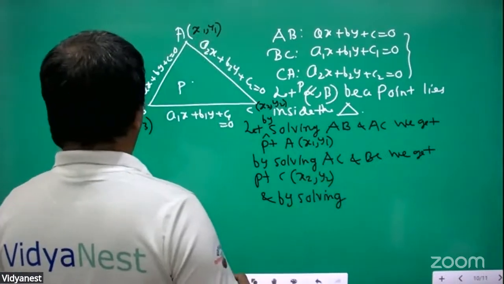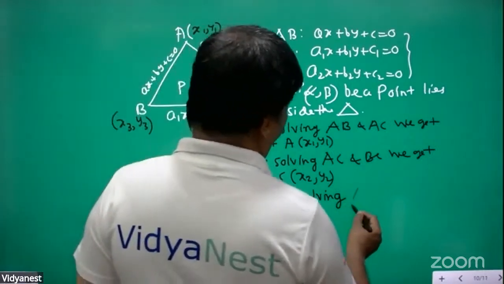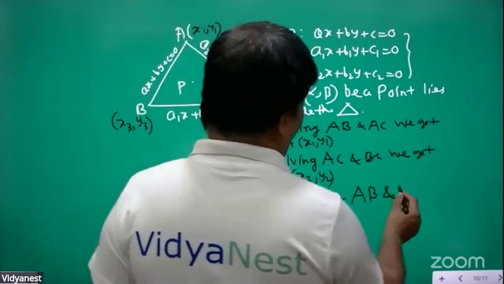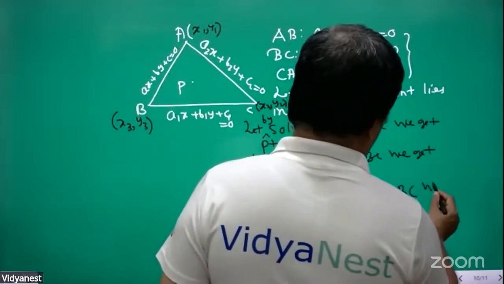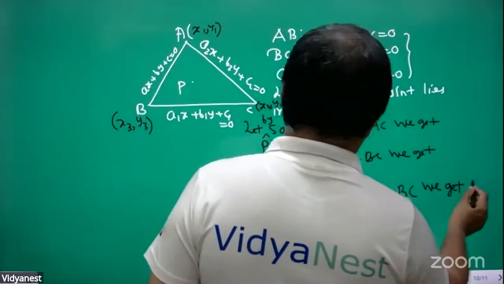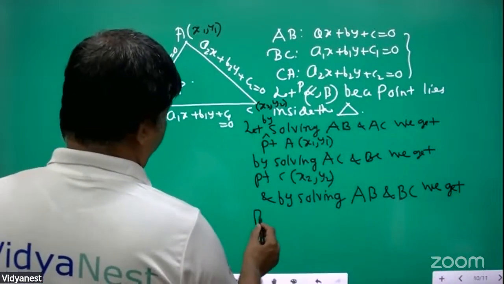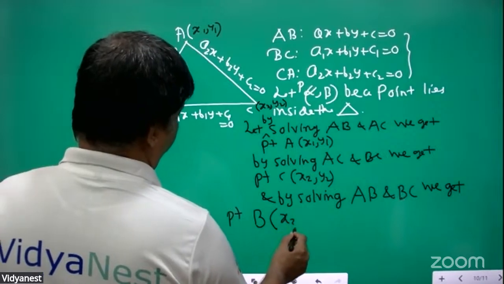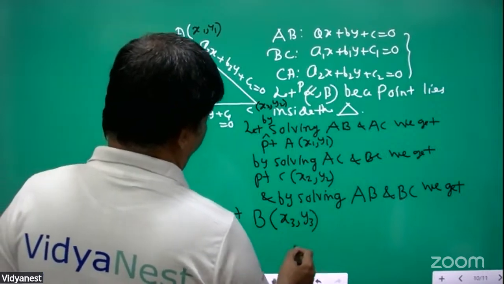By solving AB and BC, we get point B, (x3, y3).